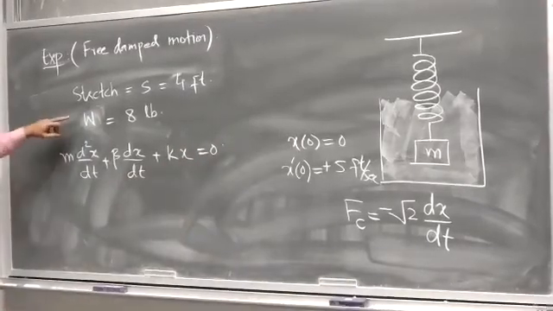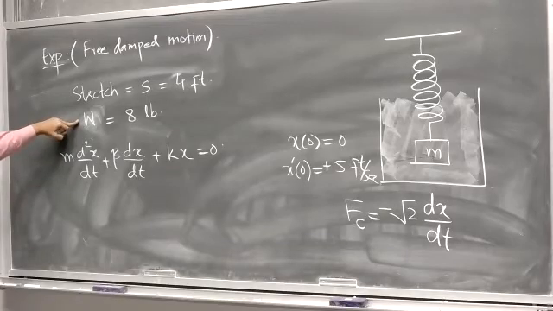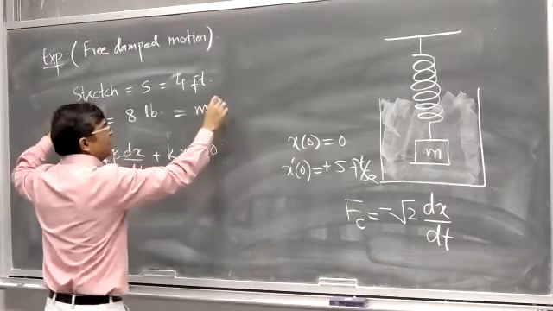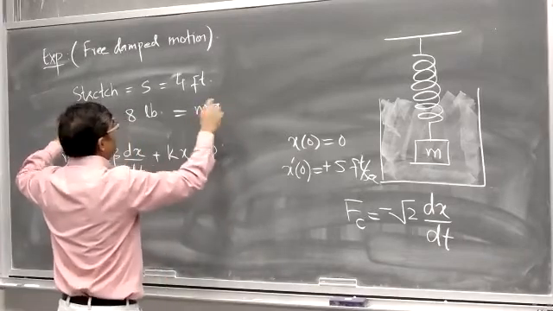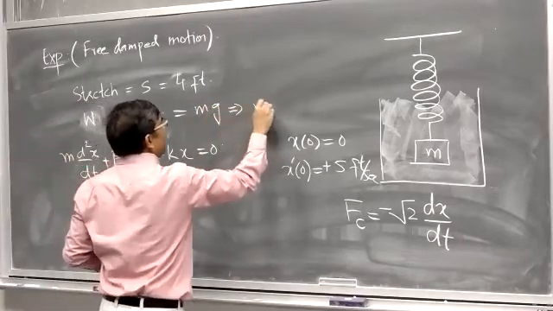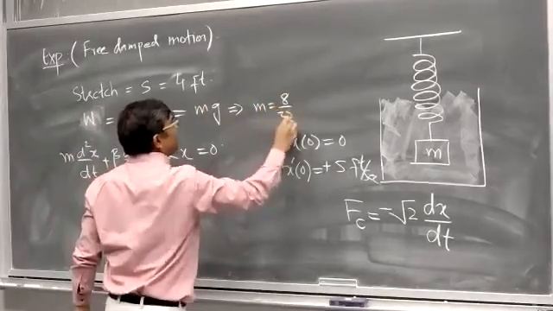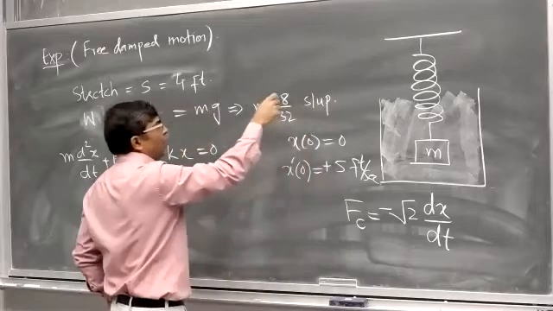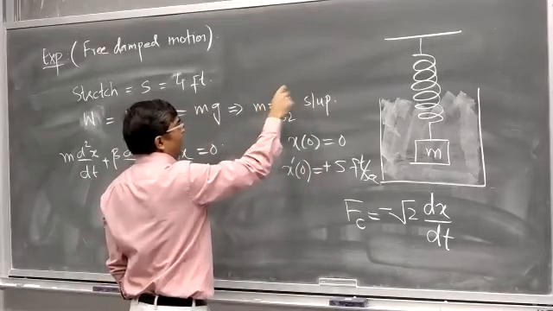Now you can find the value of m, because weight is mg, and the value of g is 32. So m is 8 by 32, which means 1 by 4.